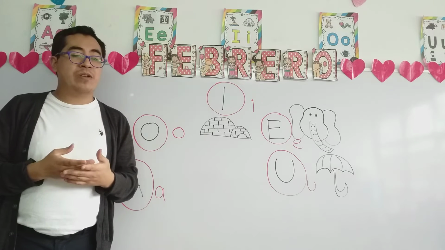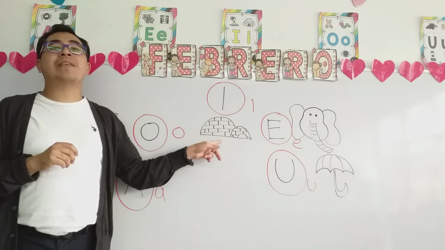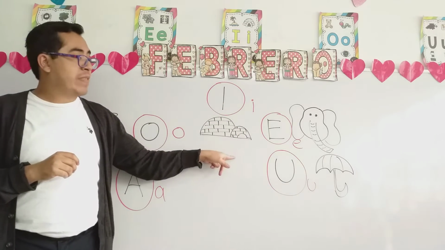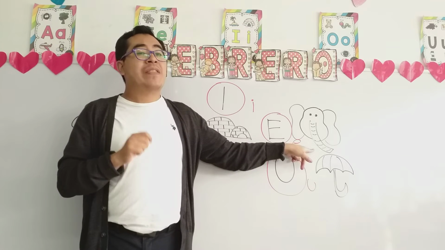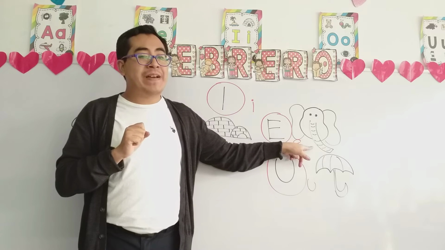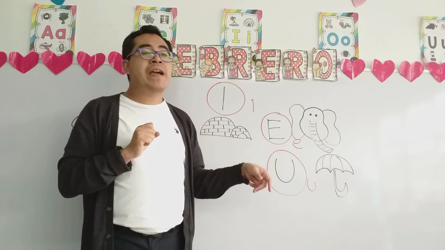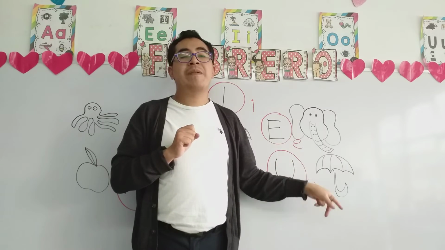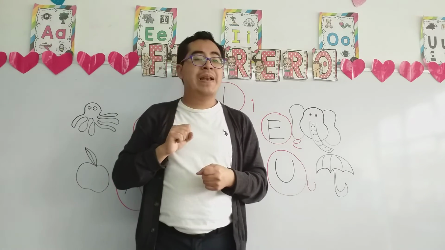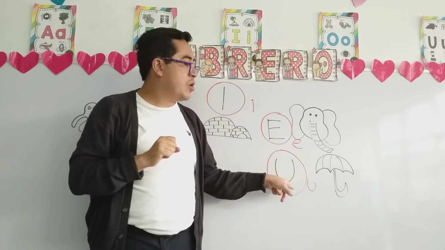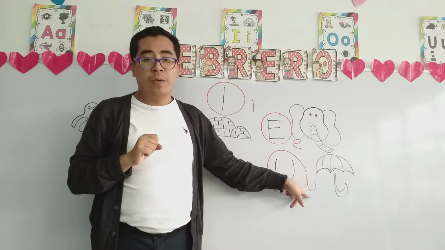And igloo begins with the letter I. Then we have elephant, an animal of the zoo. The word elephant begins with the letter E. And finally, umbrella. Remember, an object that we use to cover us from the rain. Umbrella begins with the small u.